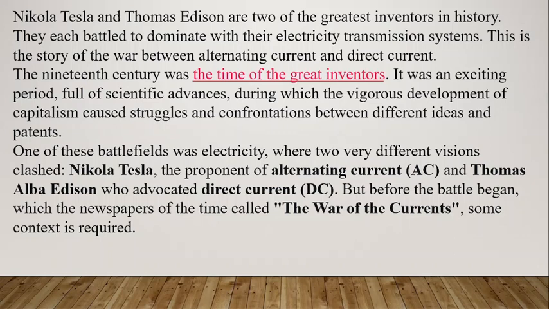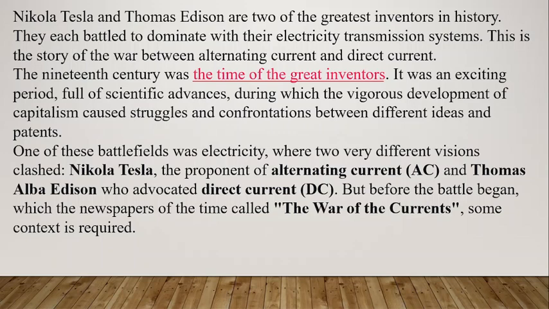One of these battlefields was electricity, where two very different visions clashed: Nikola Tesla, the proponent of alternating current or AC, and Thomas Alva Edison, who advocated direct current or DC. Thus the battle began, which the newspapers of the time called the War of the Currents.